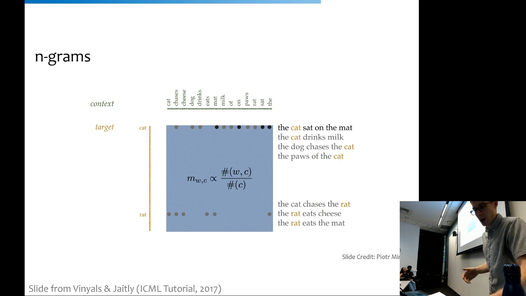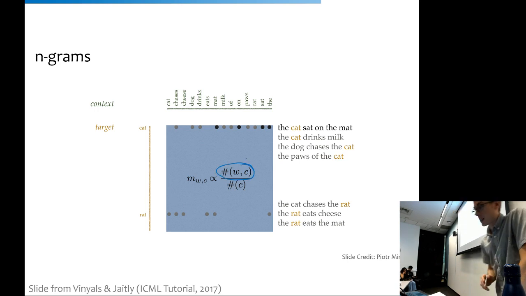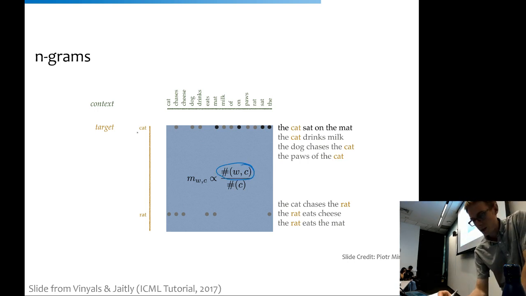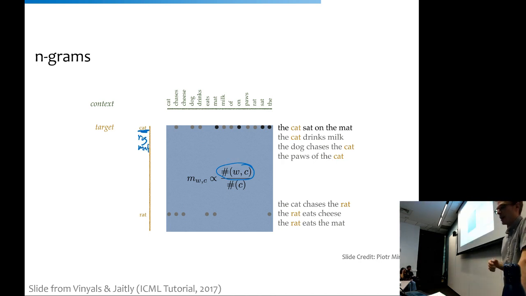One way of doing that is by looking at the number of times that a particular target word appears. A target word could be cat, or it could be rug, or mat, or something like that. And then the context is going to be whatever came before it.